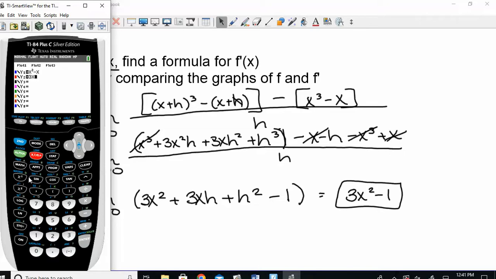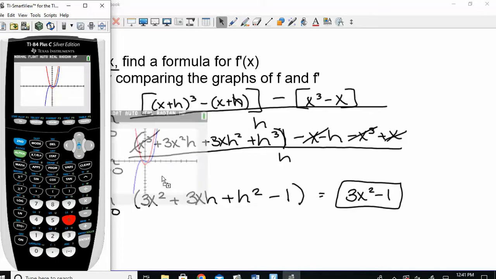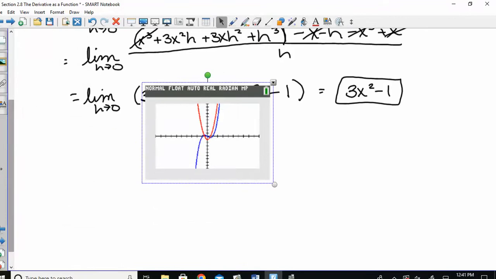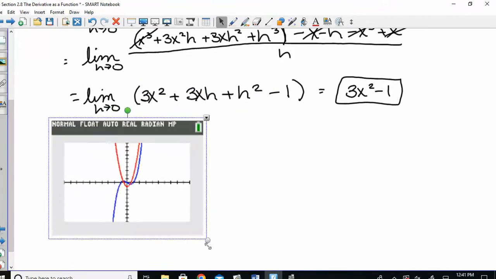And my new one is 3x squared minus 1. So that's the original, the blue one. Notice it started out increasing, so I would expect my derivative to be positive. I hit a maximum, so my derivative should be 0. Switched to decreasing, so my derivative was negative. Had a minimum, so derivative was 0 again. And then it was increasing, so my derivative was positive after that.